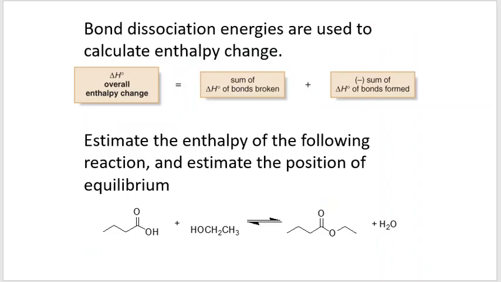And so here's an example of this. Here in this case we have an OH bond. It's actually a carbon-oxygen bond that's being broken, and a carbon-oxygen bond that's being formed.